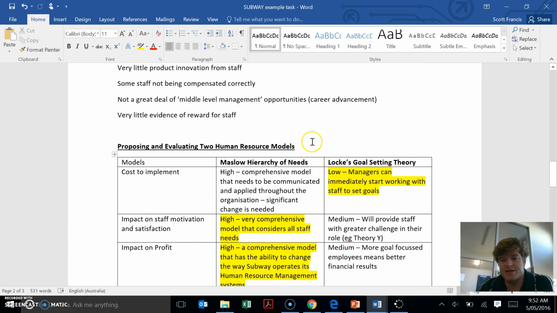I would have some statements just explaining what the theories are first, but you guys know what Maslow's hierarchy of needs is. Locke's goal setting theory talks more about saying that if there is a clear, specific and challenging goal that is able to be achieved by a staff member, that will help their motivation.